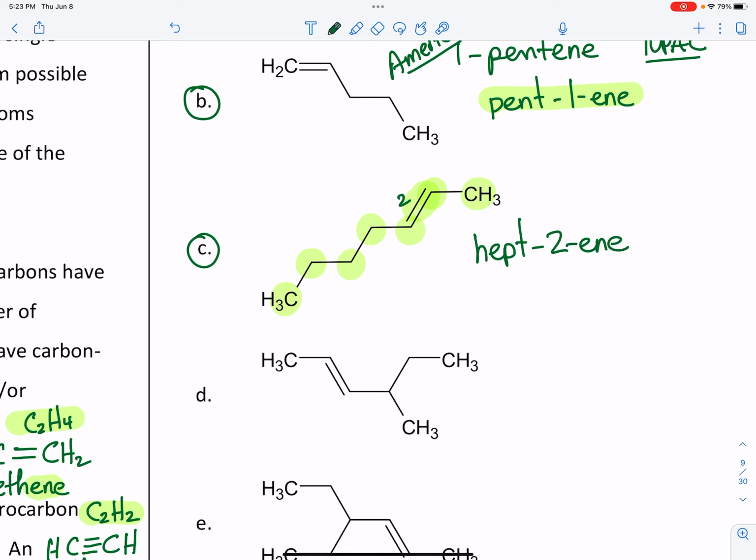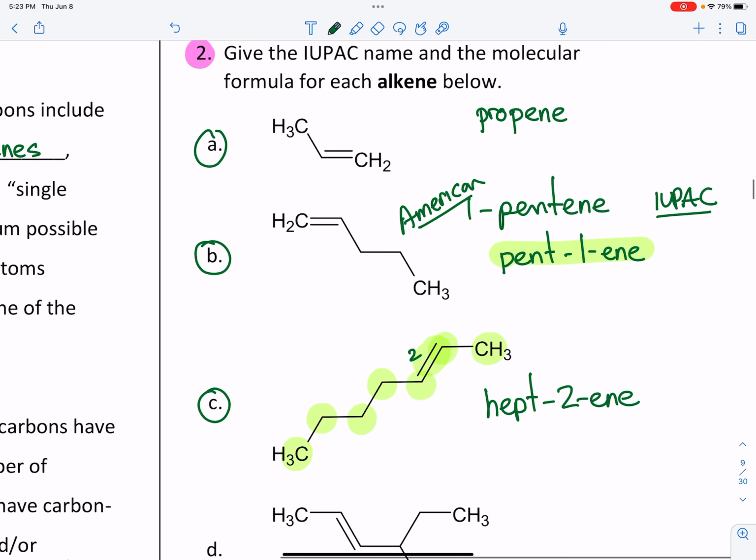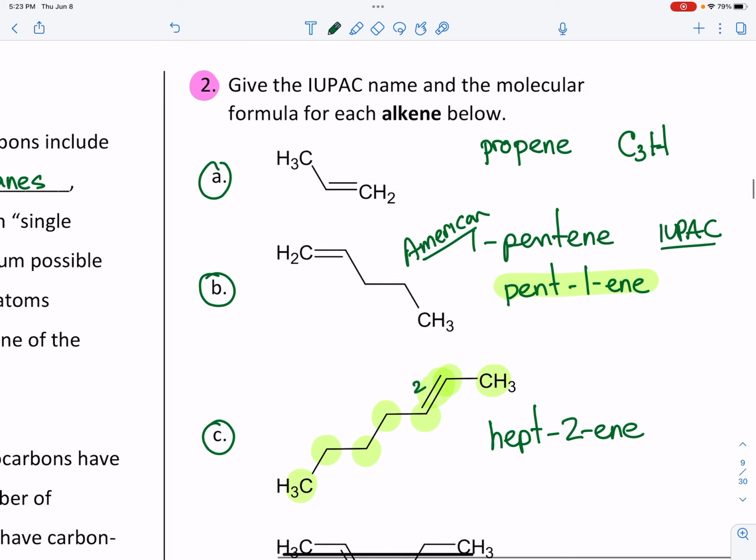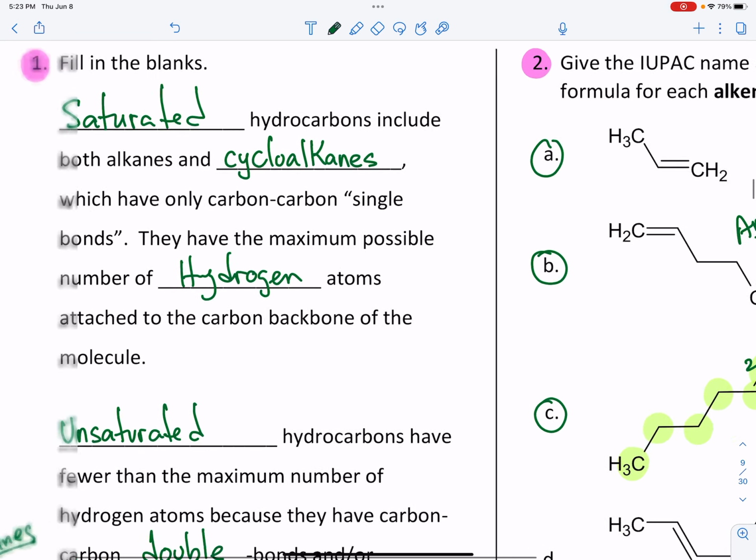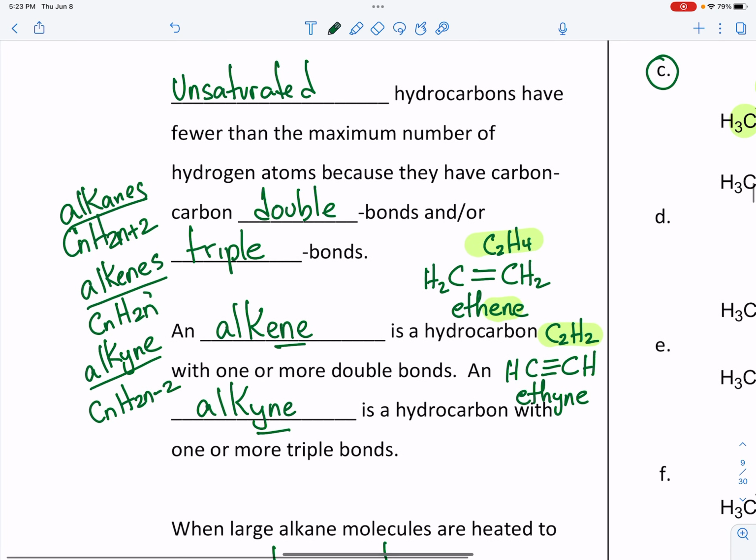Now, all of the molecules we've seen so far had no branches. They were just straight chains of carbon atoms. What are their formulas? Well, the first one had 3 carbons, so C3. It has only hydrogens in it as well, so H something. We remember that for an alkene, the formula that we derived earlier was CnH2n.